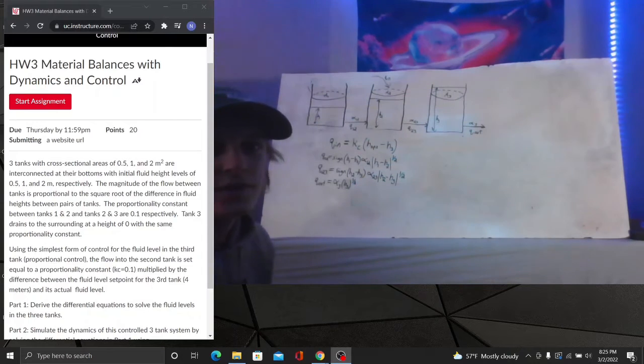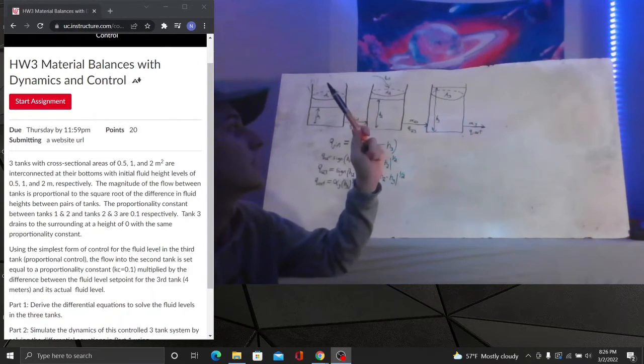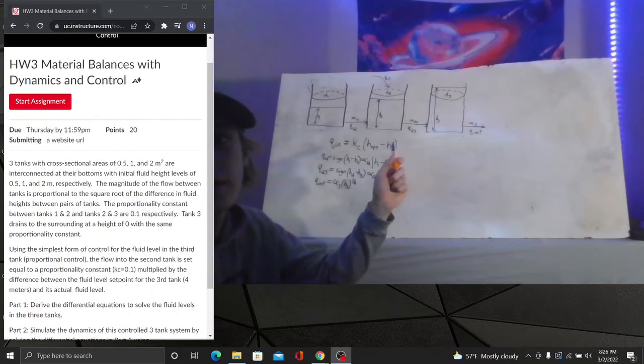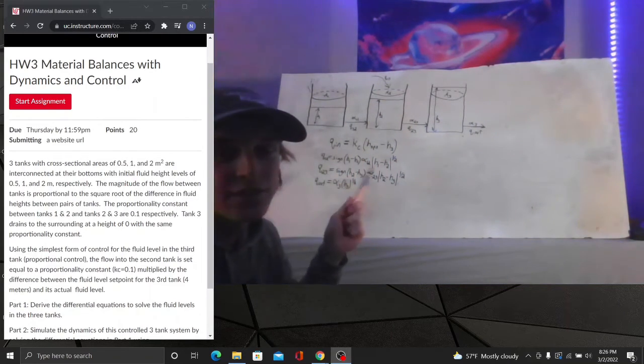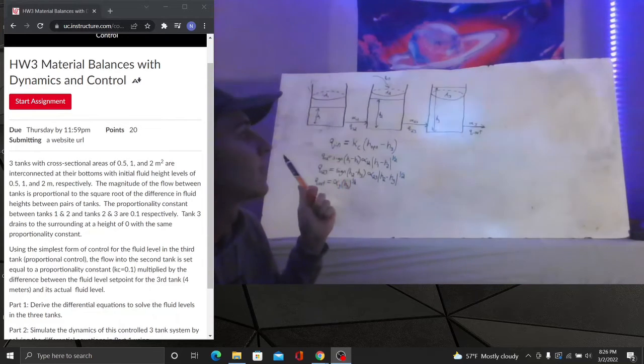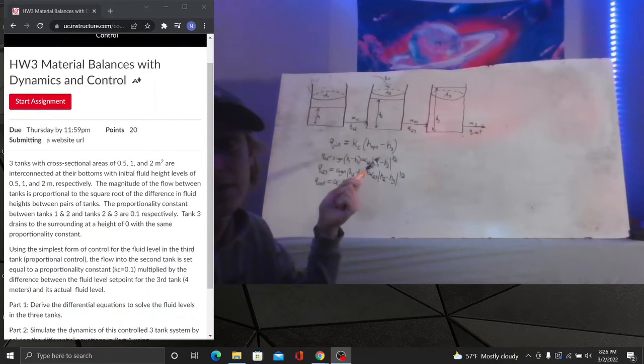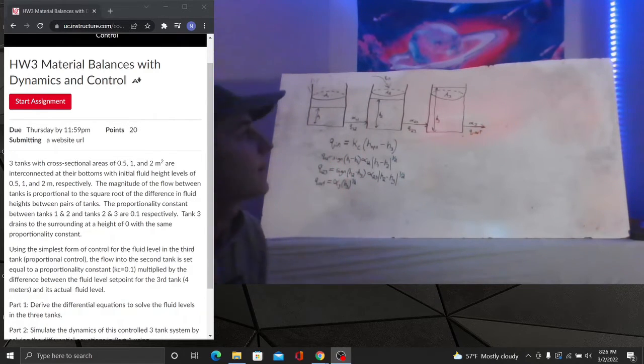So now we are going to want to get equations for each of the heights. So we know that the heights are going to be changing over time, and also the volumes are going to be changing over time.